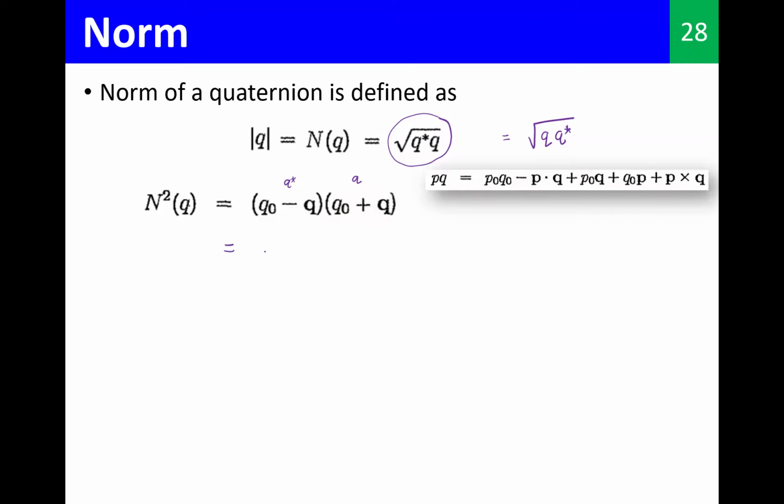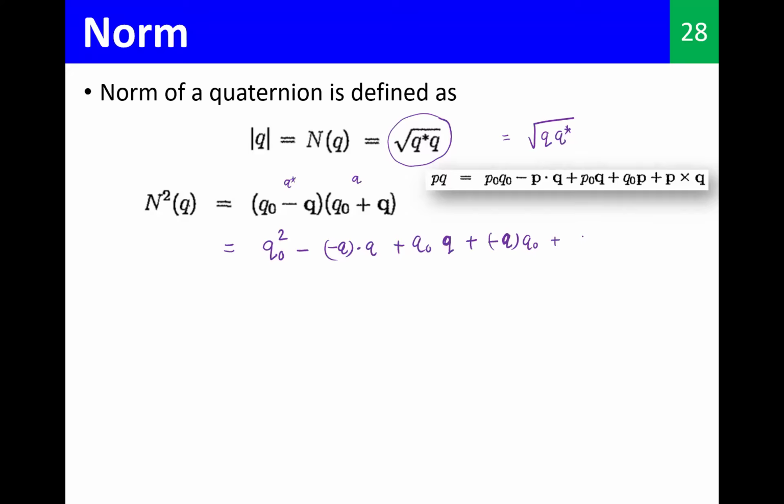So this would be equal to q naught squared, which comes from this part. And then I have minus p dot q, which is q naught times q, plus q times q naught.